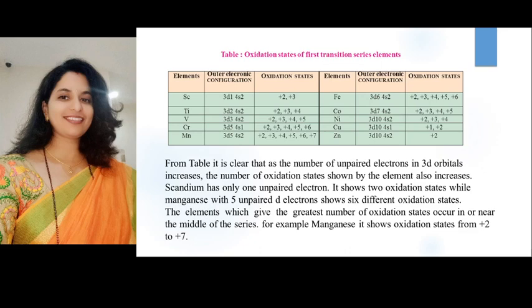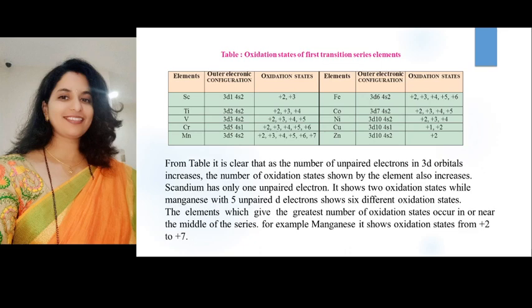Iron forms salts in +2 as well as +3 oxidation states. The +3 oxidation state is more stable and the compounds are called ferric compounds. Compounds of iron with +2 oxidation state are called ferrous compounds. Iron in +2 oxidation state is a good reducing agent.